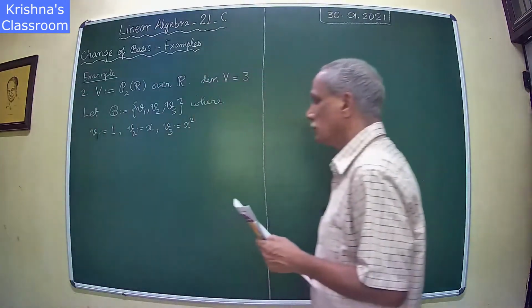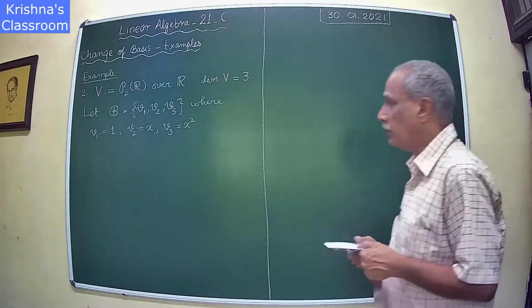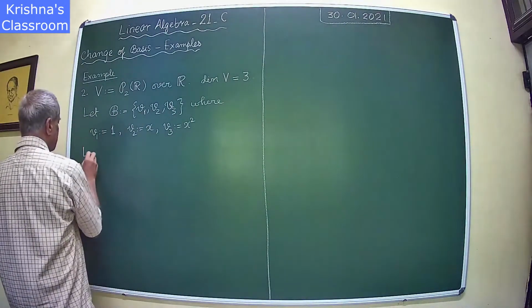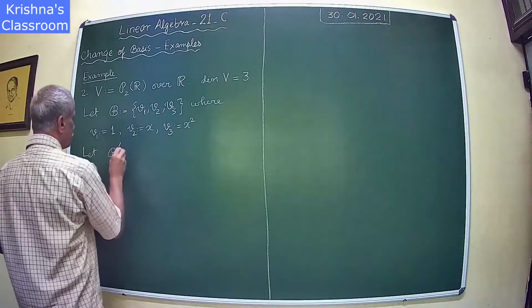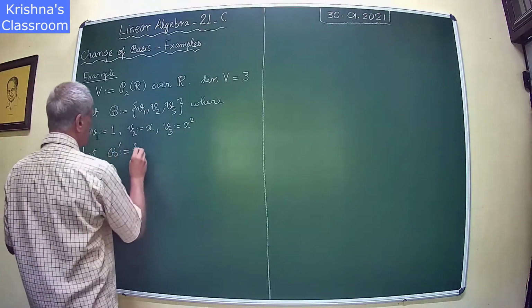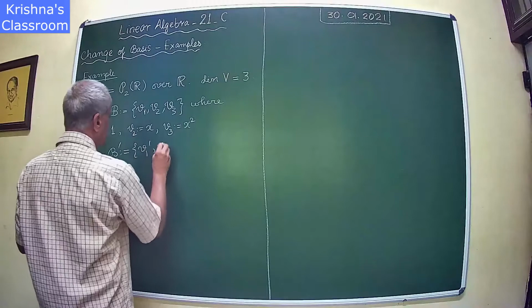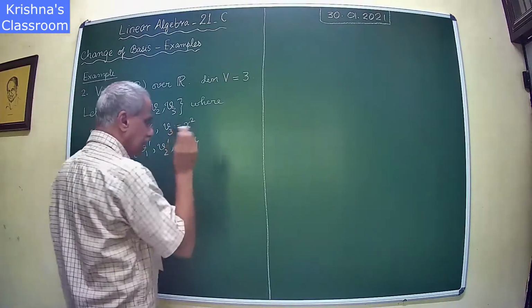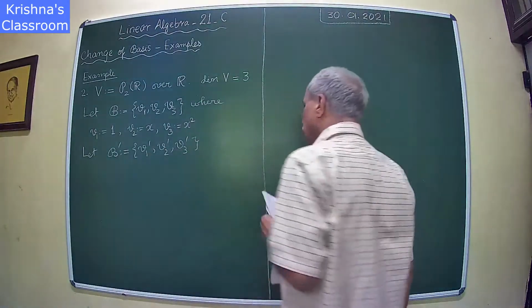Okay. Now we choose a second basis B prime. I'm just conforming to the notations that we used in the theory.